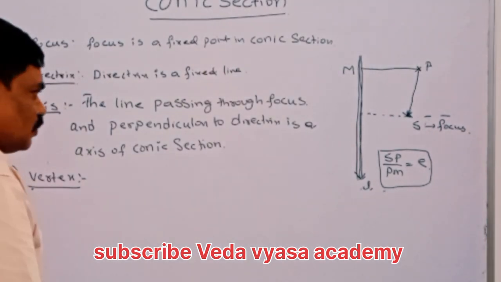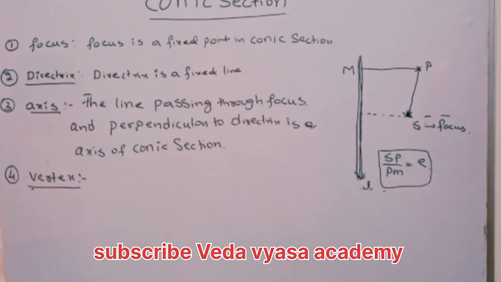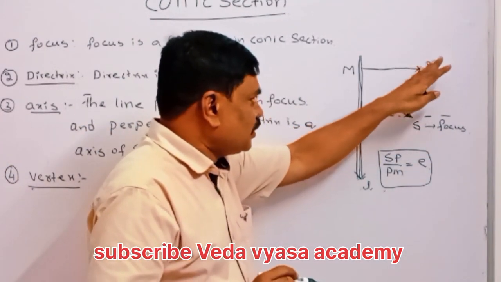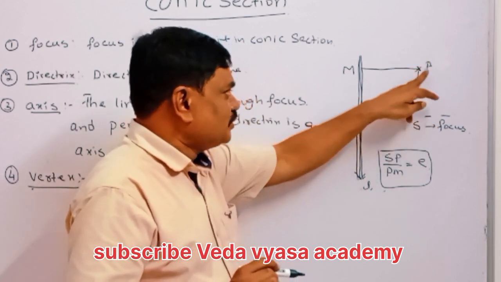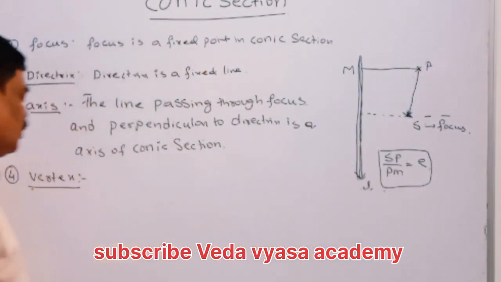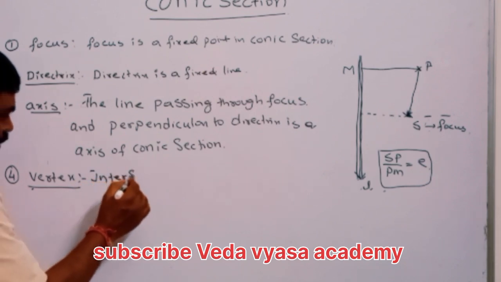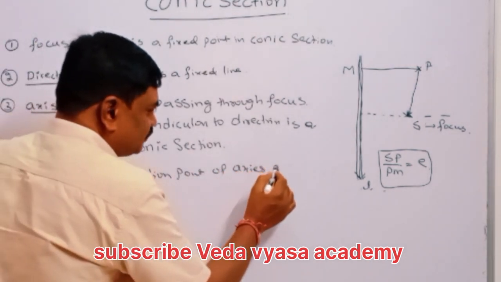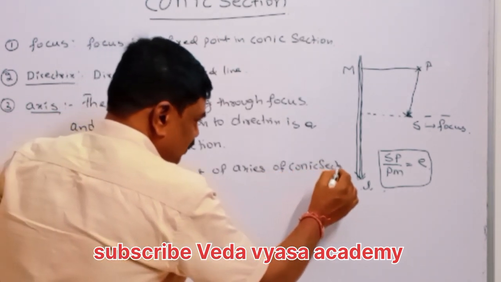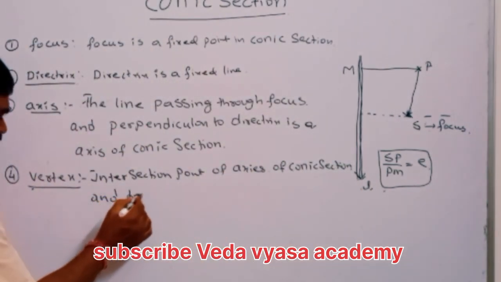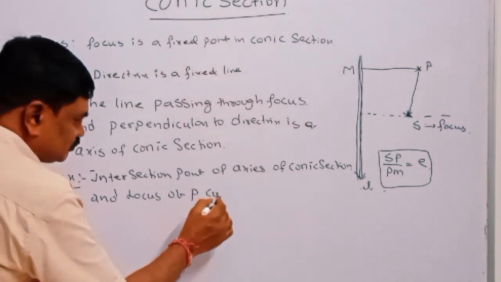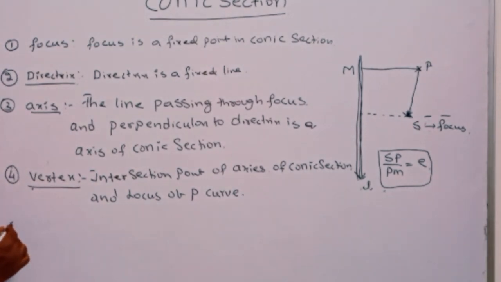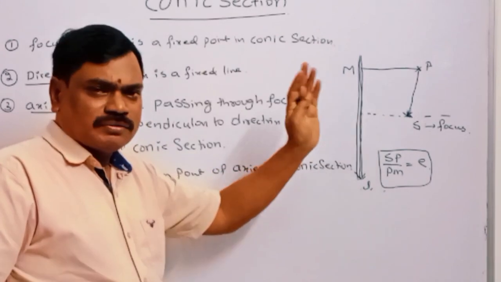Vertex of conic section is the intersection point of the axis of the conic section and the locus curve, the locus of P. This is the vertex of the conic section.